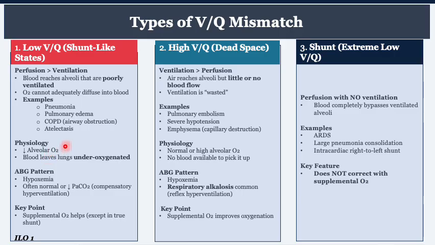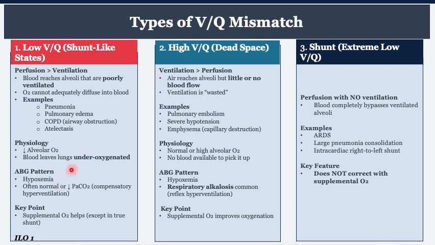What we see from a physiological standpoint, there's decreased alveolar oxygen. Therefore, the blood will leave the lungs under-oxygenated. In cases like this, the patient's O2 sats will be lower.